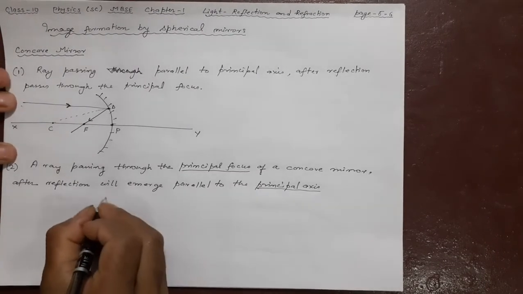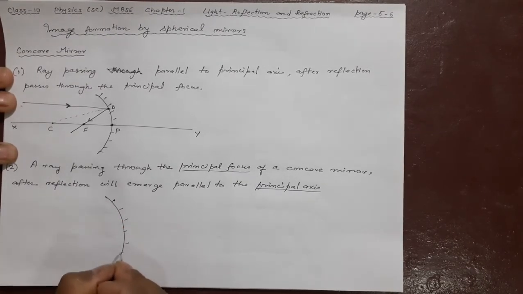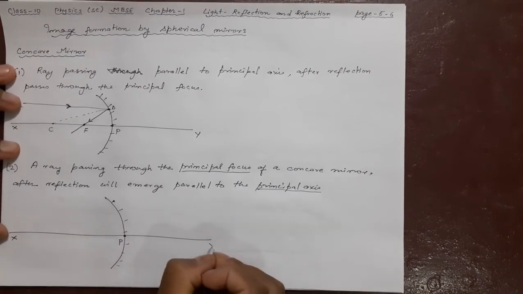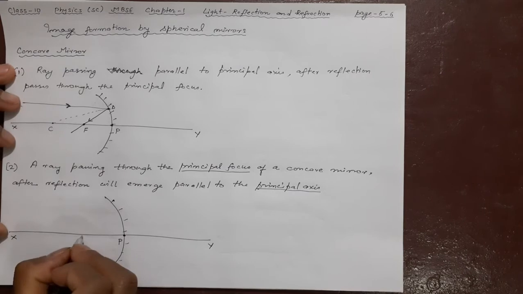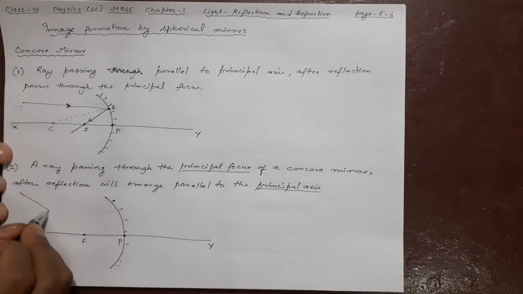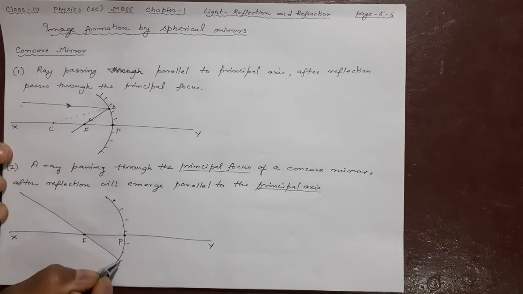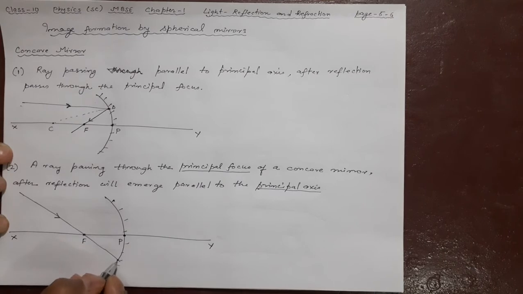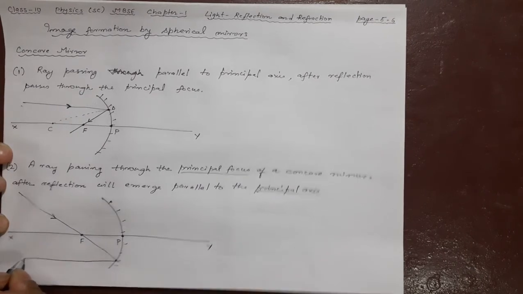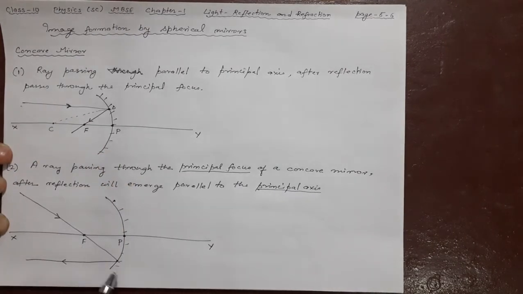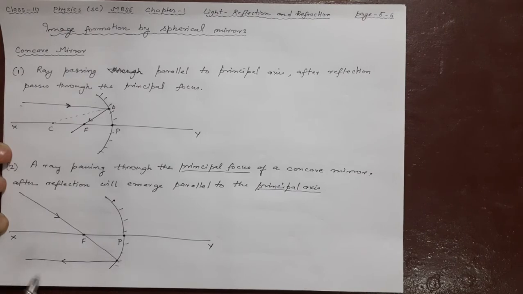Suppose you have a mirror like this, principal axis XY, pole P. Here you already know where the focus is, and suppose the light is coming like this, passing through the focus, not coming parallel. Then when going back, it will go parallel to the principal axis, isn't it? Opposite to that: parallel going, focus; parallel coming back.